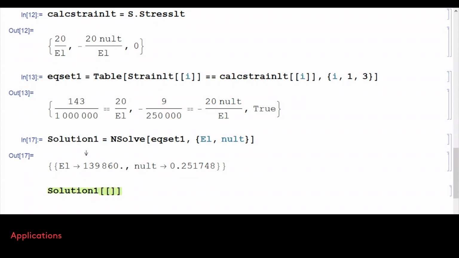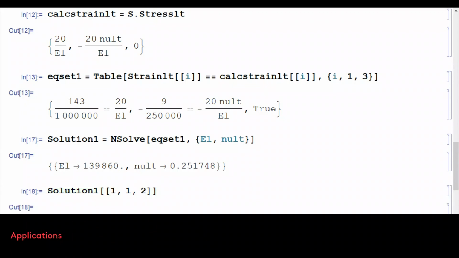This is the first element, 1, 1, and I will get this value. So this is the second element of this expression, because the first element is EL and this is the second element according to Mathematica.